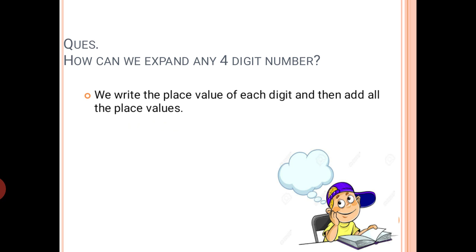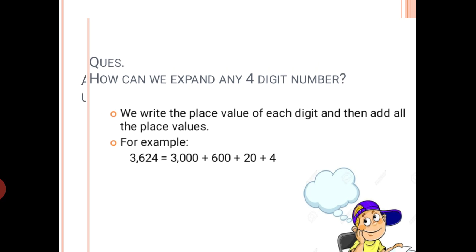Let's see an example. For example, 3624. In this way I can write it in the expanded form, like 3000 plus 600 plus 20 plus 4. So these all are the place values of these digits.